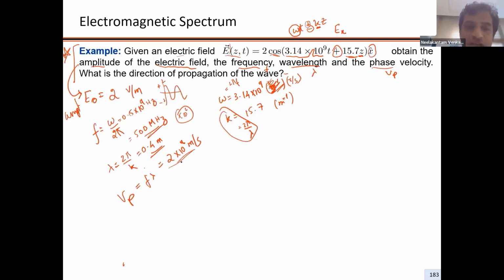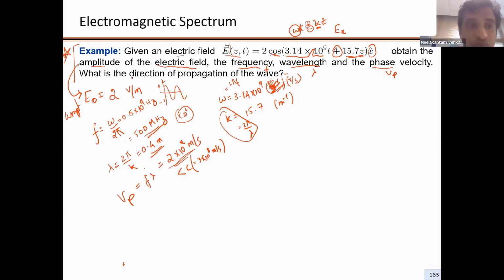And notice that this phase velocity is less than c, which is 3 into 10 to the power 8 meters per second. So the phase velocity must always be less than the speed of light. If your phase velocity is greater than the speed of light, something somewhere is wrong, because nothing can be faster than the speed of light.